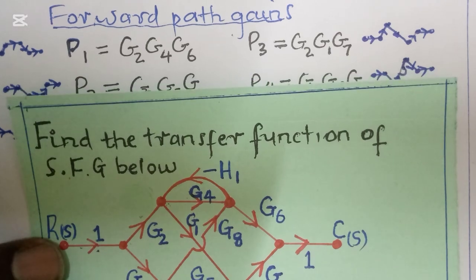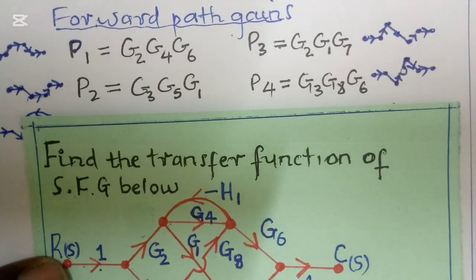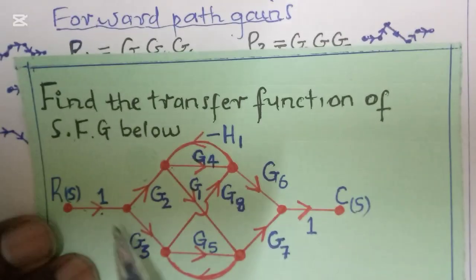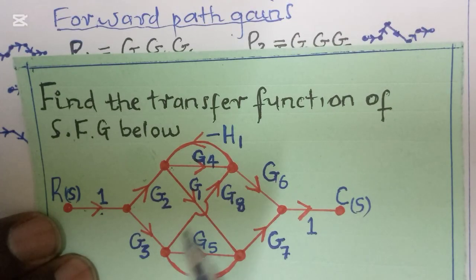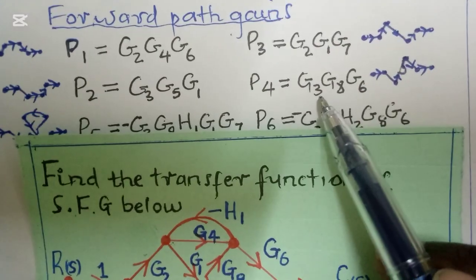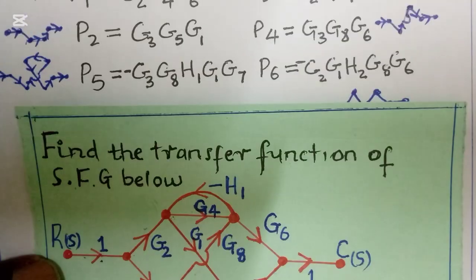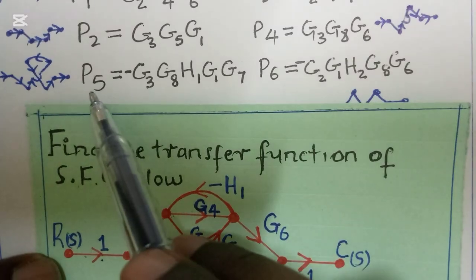We also have this other path. That is path 4, which moves now through here. That is 1, G3, G8, G6. And that's what we have: G3, G8, G6.